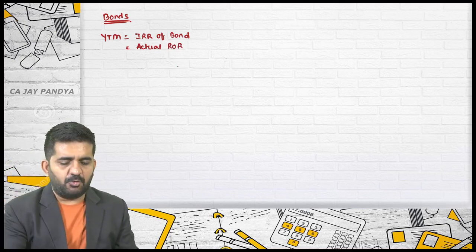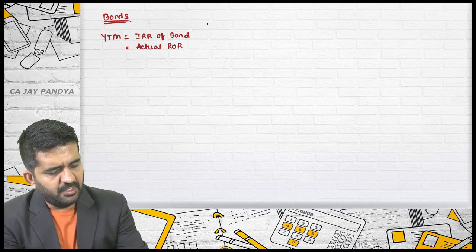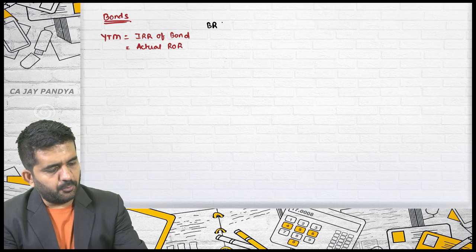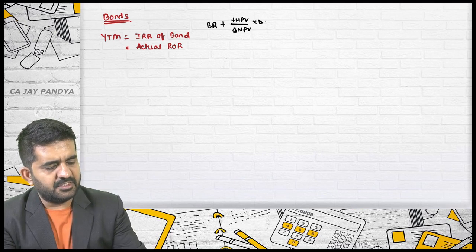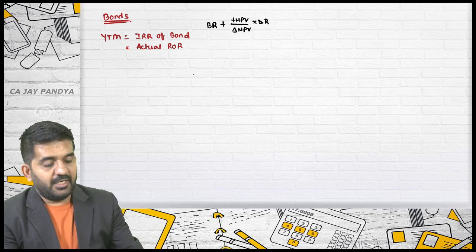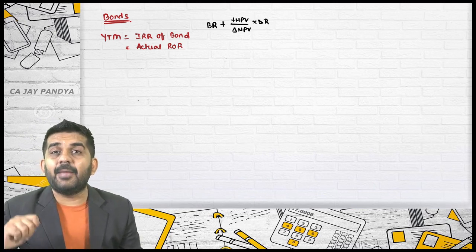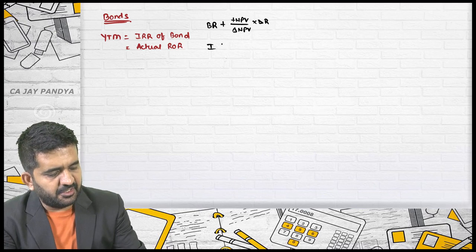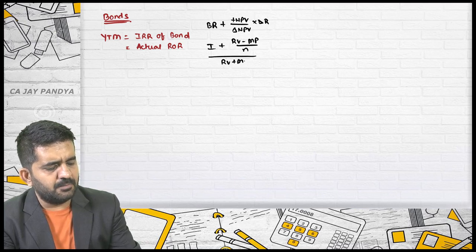If you want to find out IRR, you need to understand your basic formula, which is base rate for that interpolation technique plus positive NPV divided by difference in NPV multiplied by difference in rate. But there is another formula by which you can find out approximate YTM, which is interest plus redemption value minus market price upon N, upon redemption value plus market price upon 2, multiplied by 100.